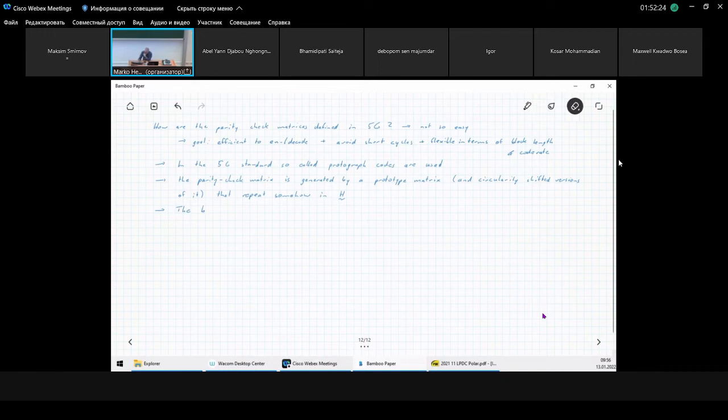This is 5G specific, the 5G base graphs. They describe where the submatrices appear and how often they are shifted, for example a matrix of size 4.